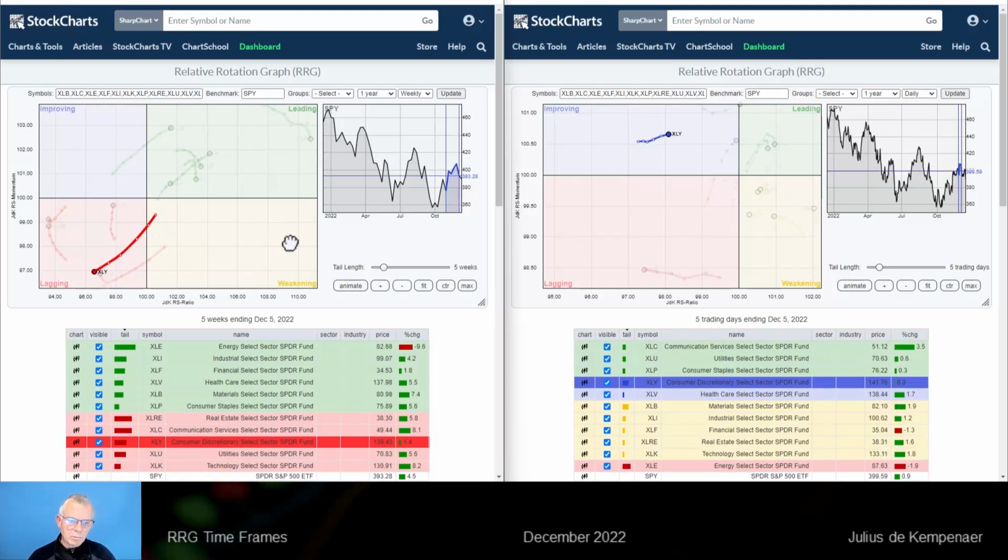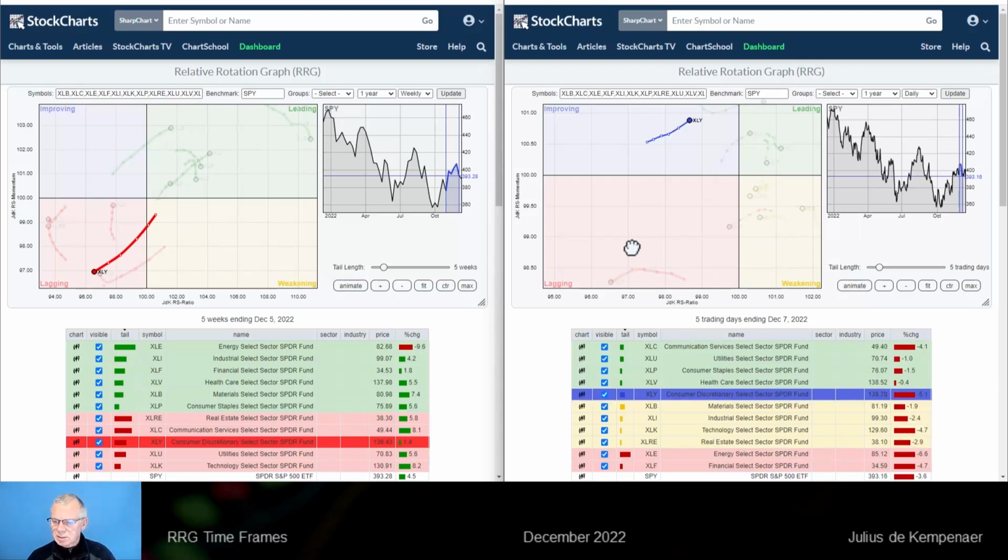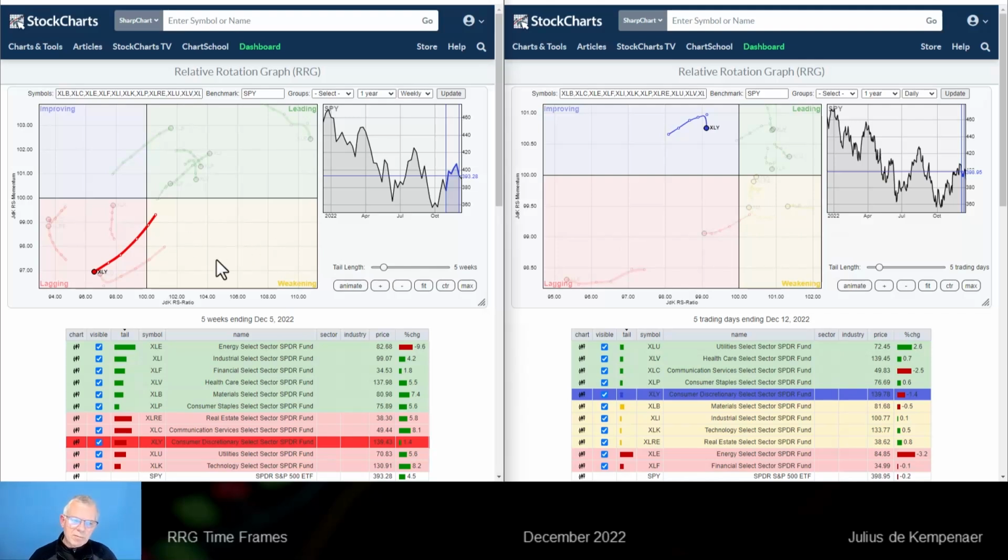And now 1. We continue to move, that XLY tail continues to move into that lagging quadrant, while that daily rotation is much more volatile, much more going, but it's all happening within that longer term downtrend.